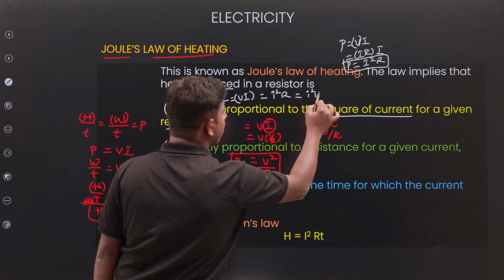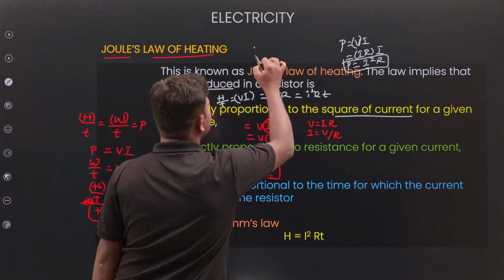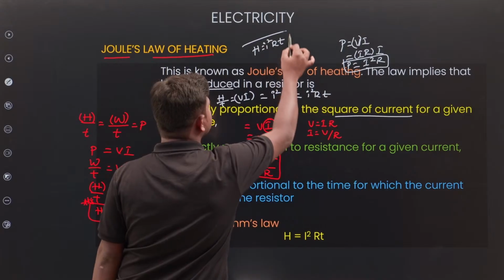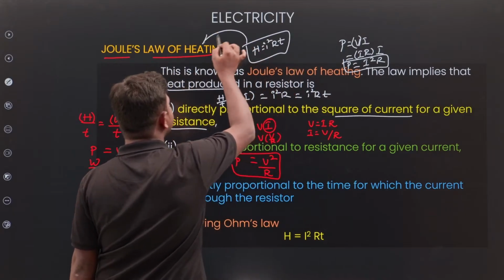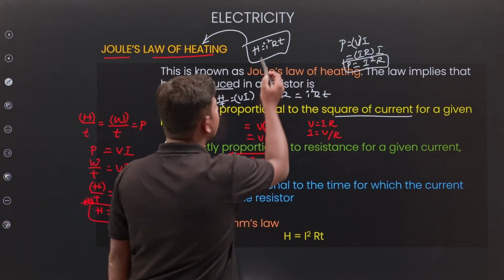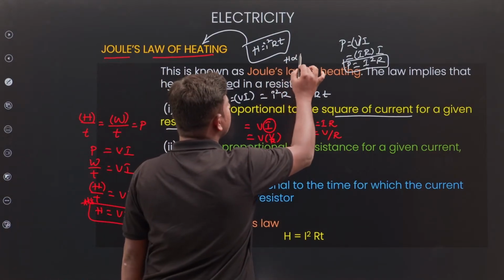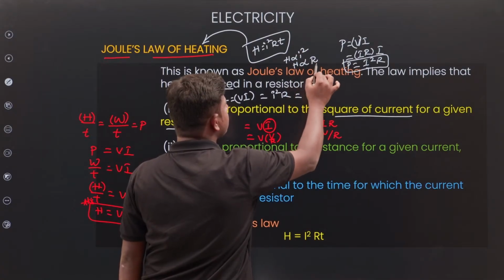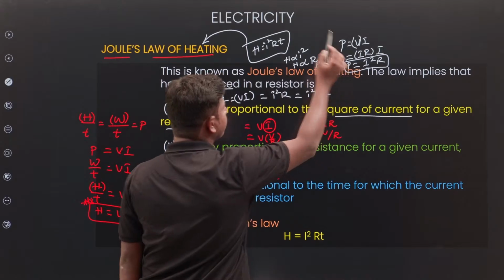H is equal to I square RT. This is Joule's law. H is proportional to I square, H is proportional to resistance, H is proportional to time.